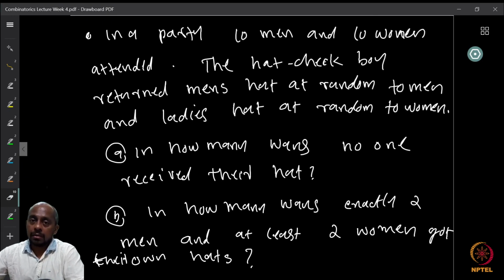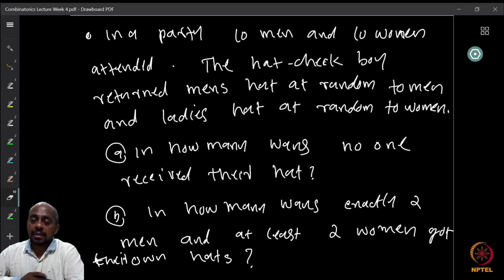Okay, the next question is that in a party, right? We already saw a similar question earlier. In a party, let's say there are 10 men and 10 women participating. Then there is this hat check person who collects the hats when you enter, and then gives them back when you go out.